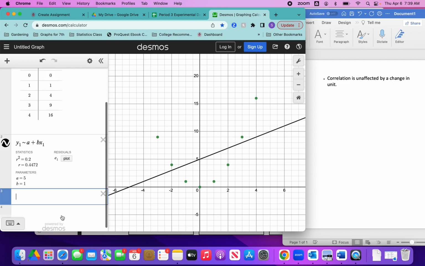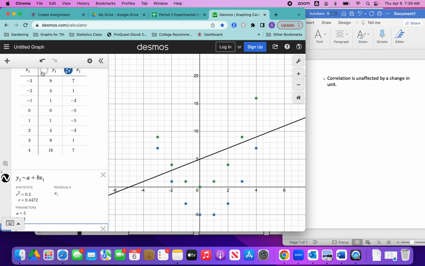And just to reiterate once again, if we plot the residuals, which are the errors, we get these blue dots. It's really confusing, so let's take away the green dots and the line, and we just get these residuals. What we notice is the residuals themselves are in a parabolic form.